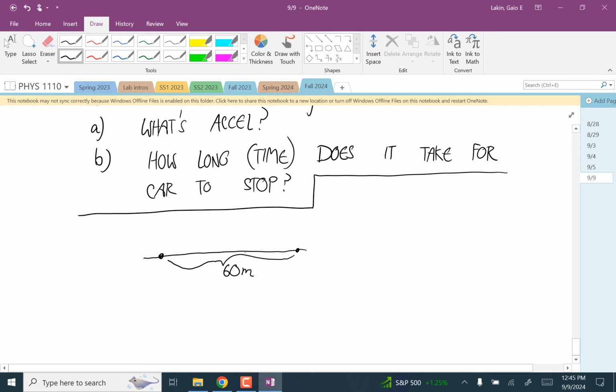At that instant on the left, it's moving with a velocity of 40 meters per second. And at that point on the right, its velocity is 0 meters per second. And that's all we know for now. So now we're going to get into the steps of how to use these equations. Anybody have any questions about this yet? Okay.